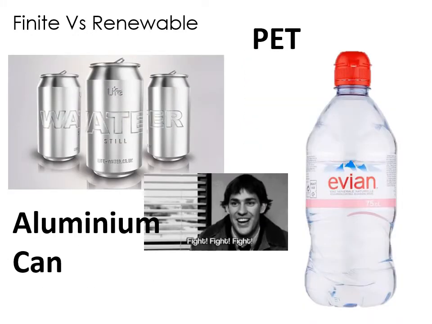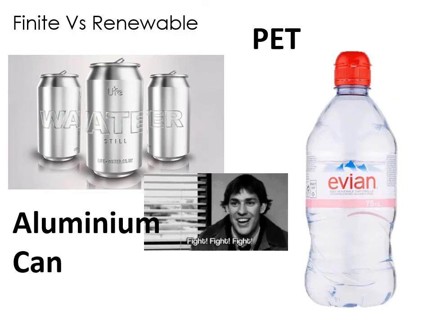Last one for this is the aluminium water can or the PET plastic bottle. Now I think it's pretty obvious that aluminium is the much more environmentally friendly option, and the massive advantage of aluminium is it can be really easily recycled.